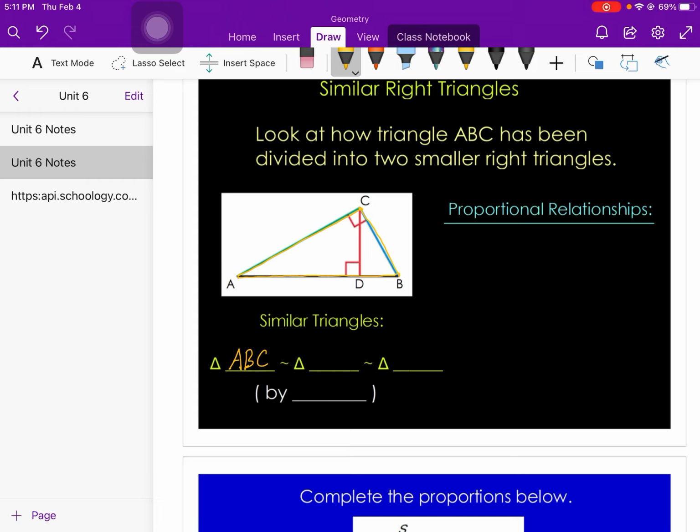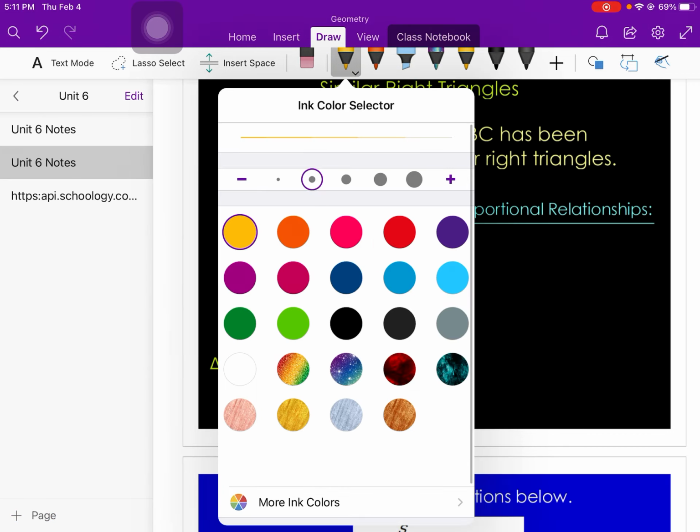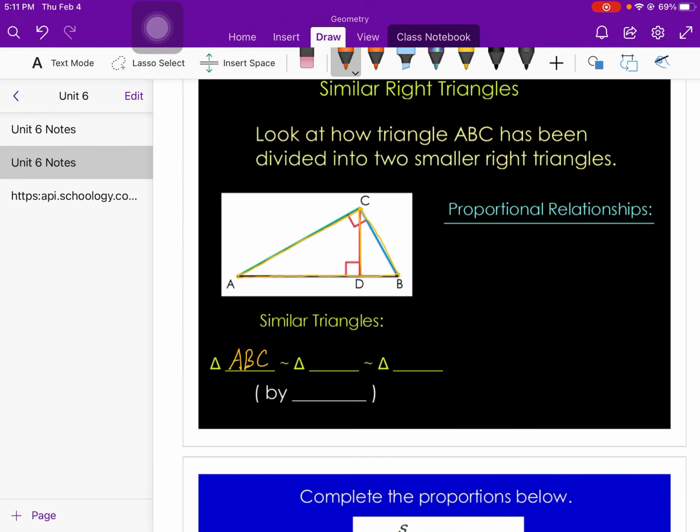Then we have the medium-sized triangle. We'll do it in a different color. This one here, which includes points A, C, and D. Now, A is going to correspond to A, as you'd probably guess.